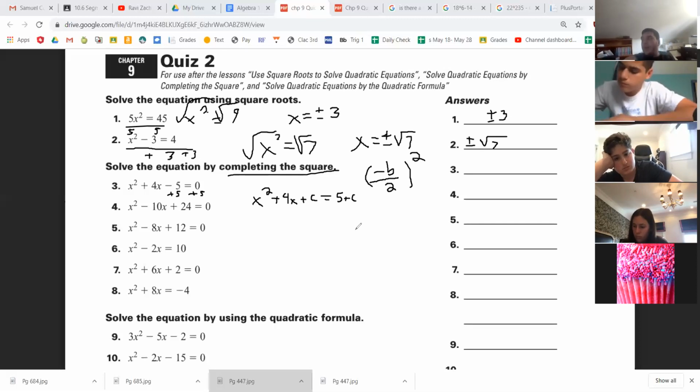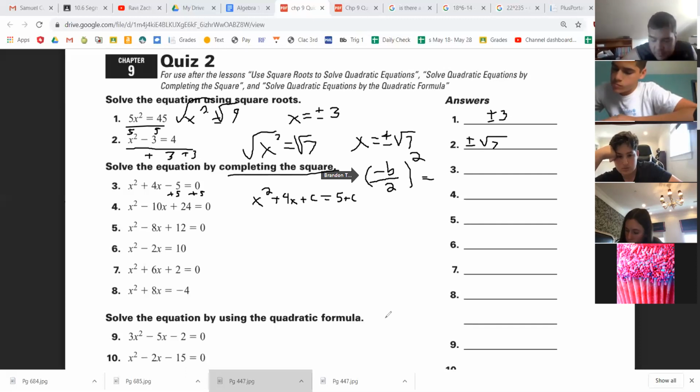Next part, to find c, we're going to use this equation. I'm going to use an arrow. This equation right here, b over 2. So you just add the c instead of the minus 5? You could just add c? What do you mean?